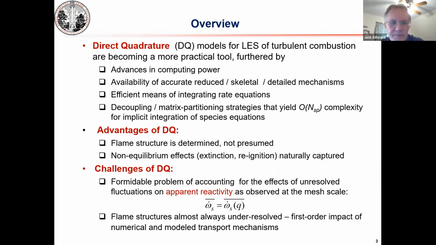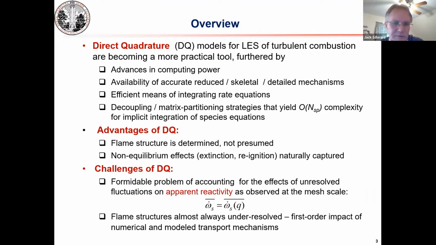But the challenges are obvious in the sense that the problem of accounting for the effects of unresolved fluctuations on what I term the apparent reactivity that you observe at the grid scale that you're trying to calculate is still uncertain. No one really knows how to do this.